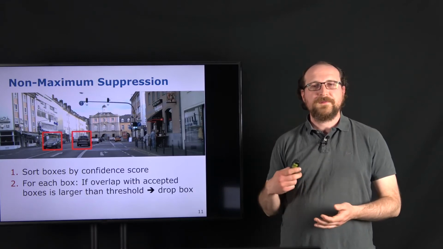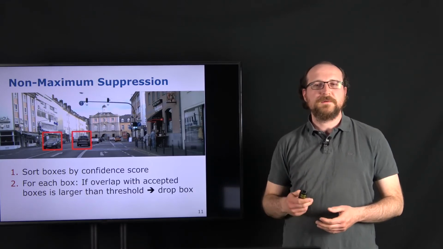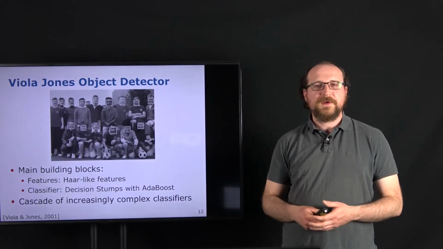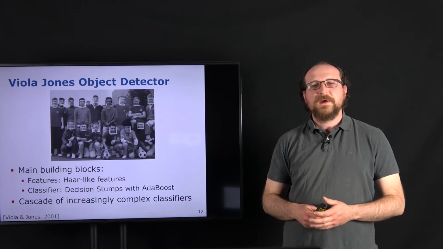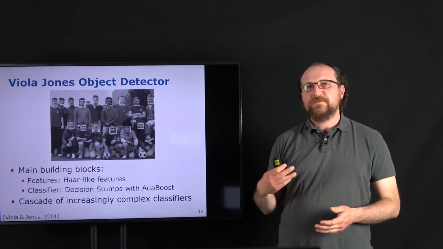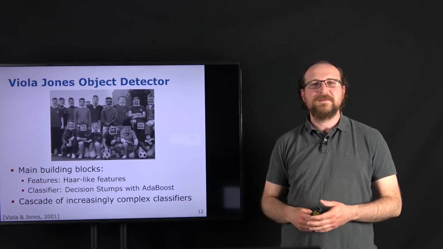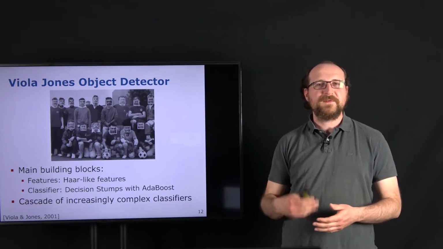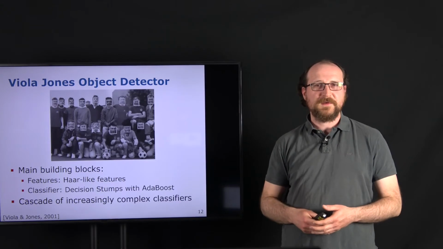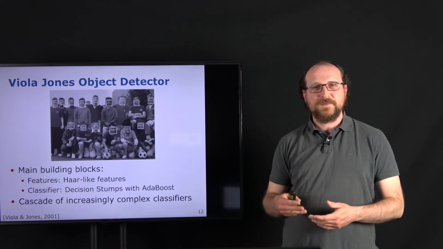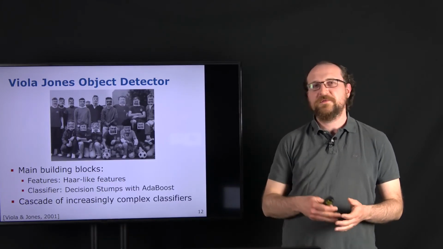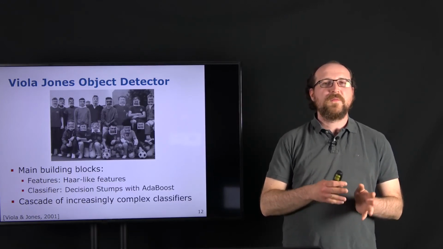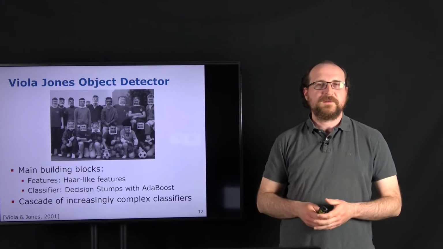For this, a seminal approach was the Viola-Jones object detector. The Viola-Jones object detector, in the beginning of 2000, was a very highly regarded paper because it provided a good method for doing face detection in this case. As you will see in the lecture, we are progressing from some specific tasks in detection to more general object detection tasks.